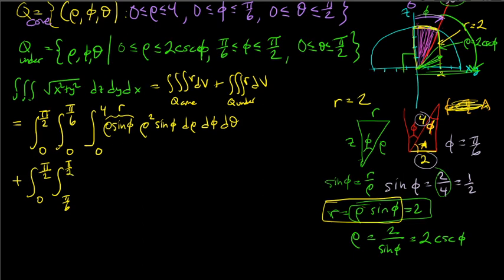All right, so now continuing with the part underneath the cone: phi goes from pi over 6 to pi over 2, and then rho goes from 0 to 2 cosecant of phi. And again, we're just integrating the same thing here. So rho sine phi times rho squared sine phi, d rho, d phi, d theta.